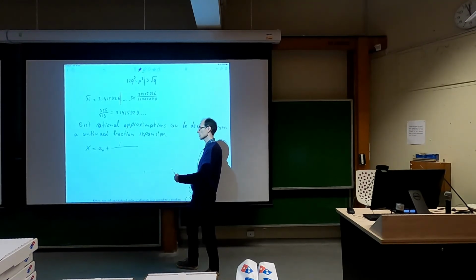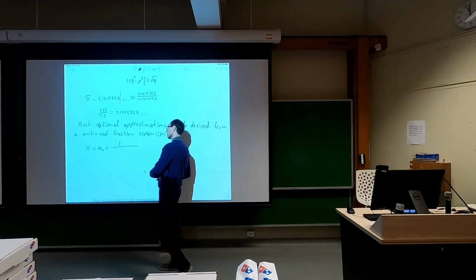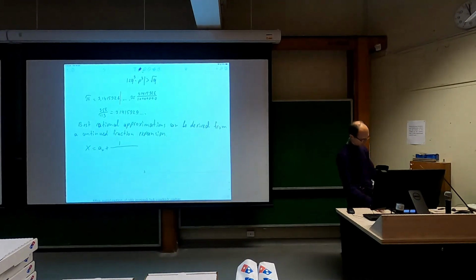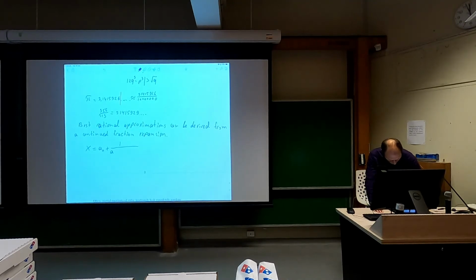So we can repeat the process. We can take its integer part, fractional part, flip, integer part, fractional part, flip, and so on. And create something like a0 plus 1 over a1 plus 1 over a2 plus, and so on. The usual notation for it is in square brackets: a0, a1, a2, and so on.